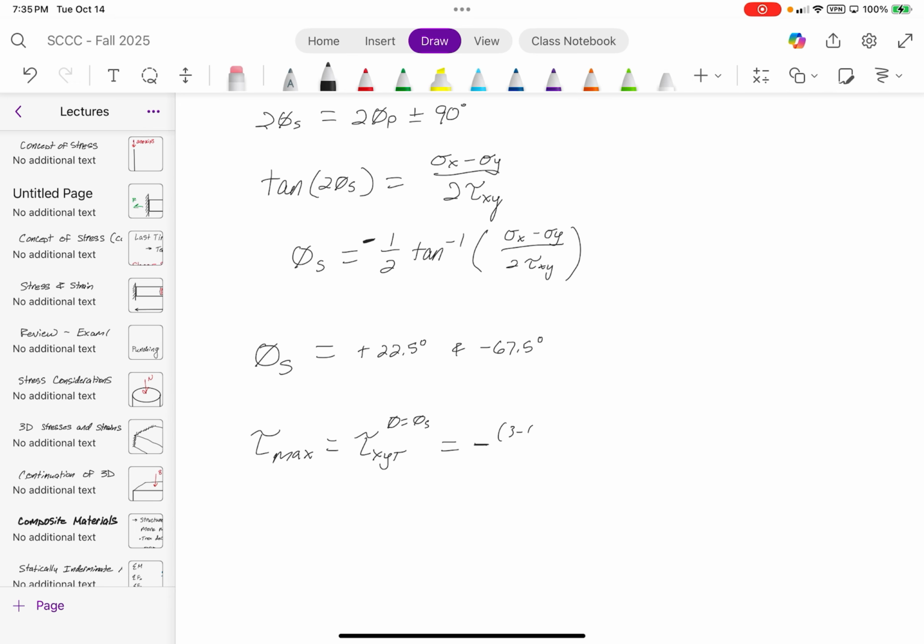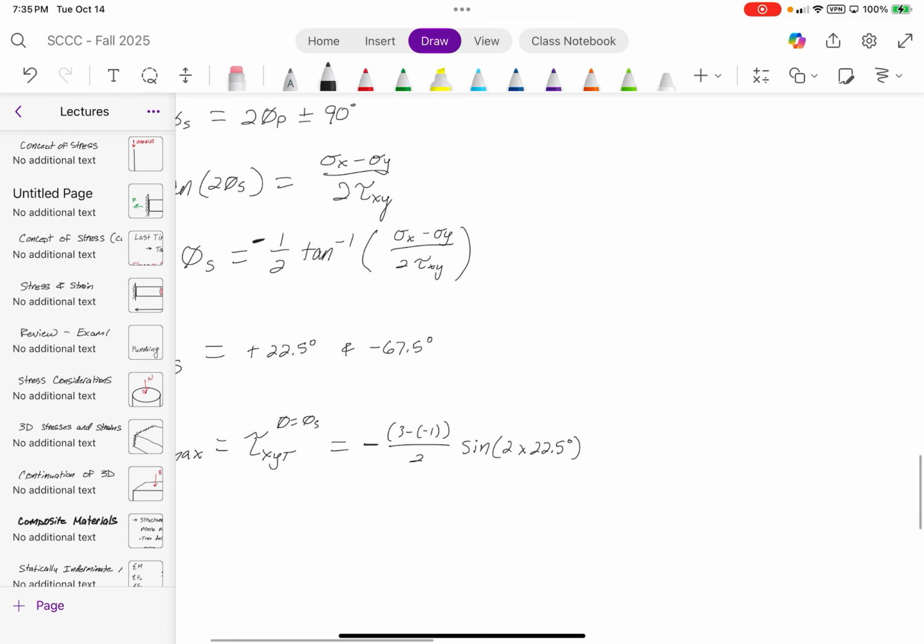Sigma x minus sigma y, 3 minus negative 1, divided by 2, sine of 2 times 22.5 degrees, plus negative 2 cosine of 2 times 22.5 degrees. What do you guys get for the shear stress?